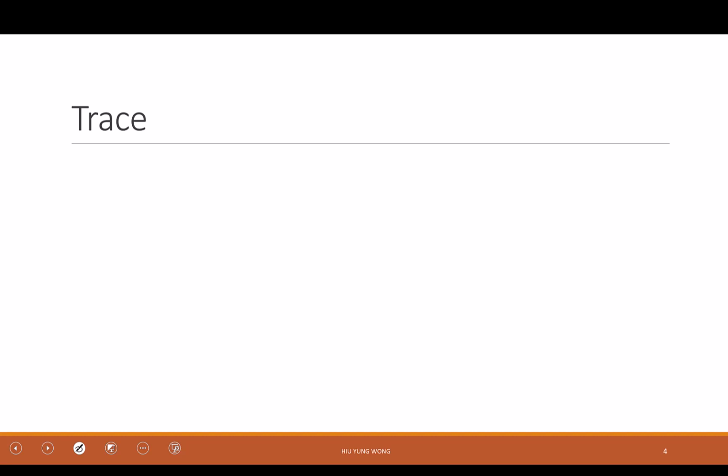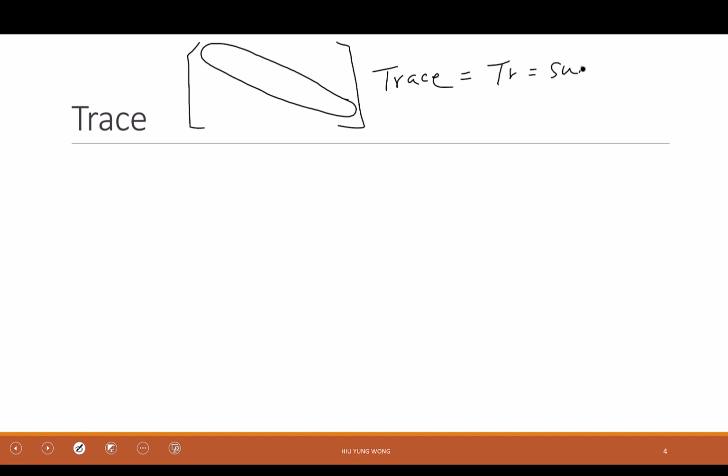The trace of a matrix: you just sum over the diagonal. We call it TR of the matrix. It's just the sum of the diagonal elements.